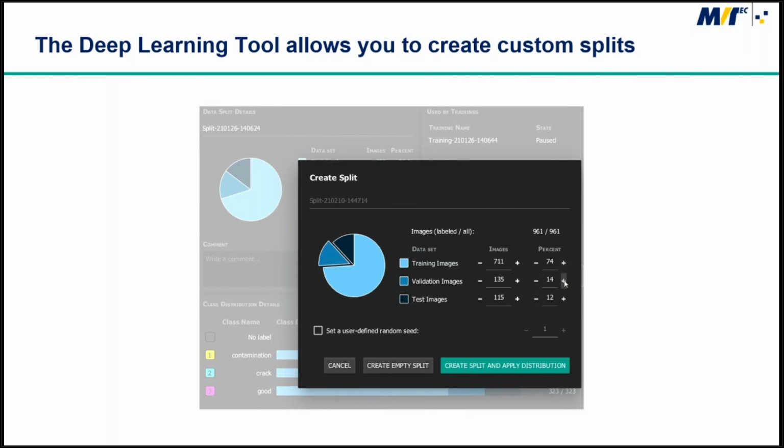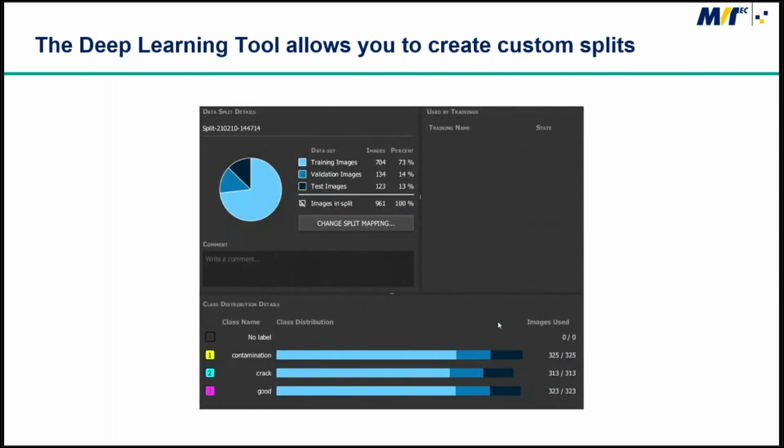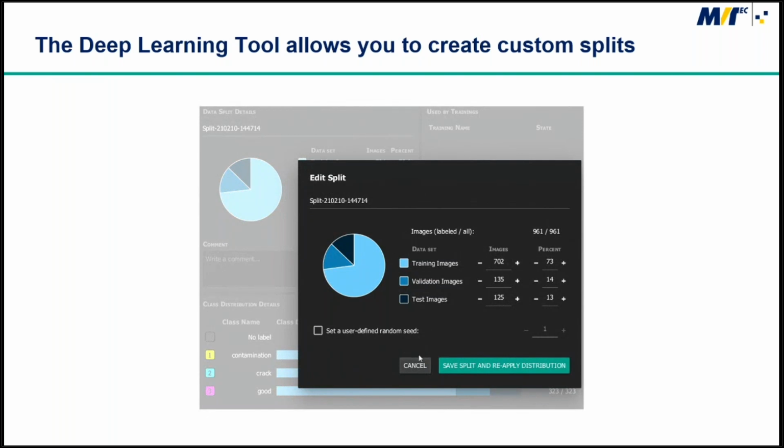That's the training data set that the actual model is trained on, the validation data set that those iterations of the model are validated against, and then the test set. And this is used for evaluation, for you to know how well this model solves my machine vision problem.